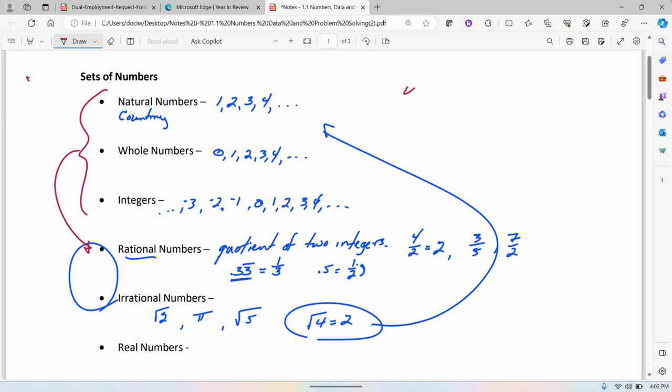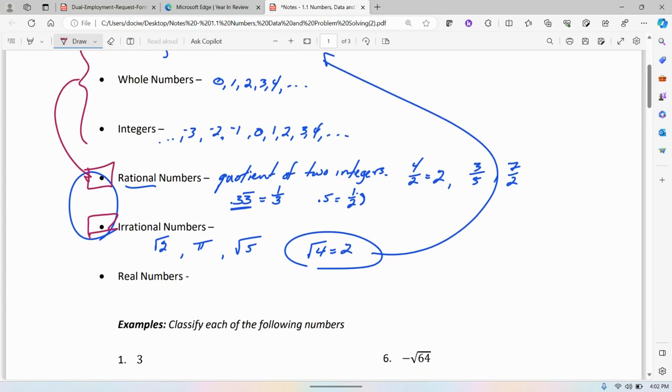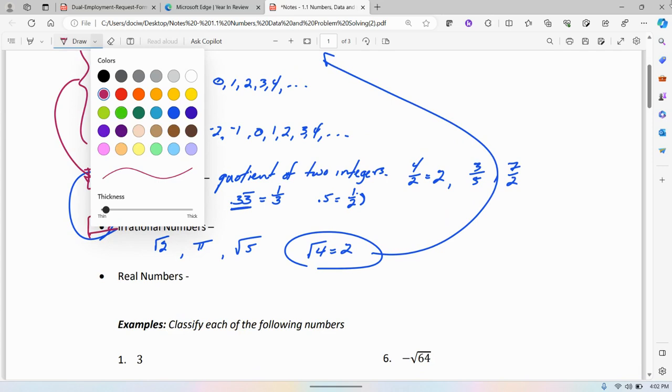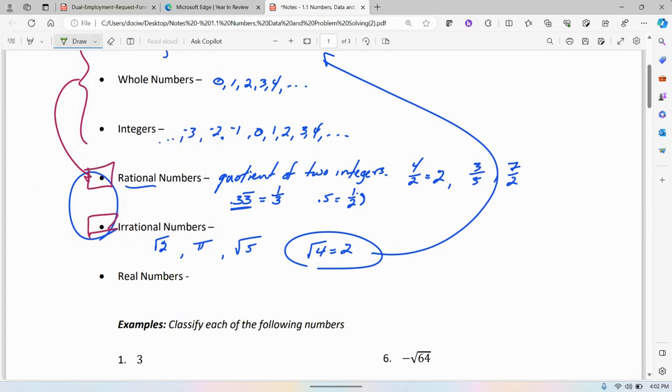Like 4/1 is rational, that's a natural number. Irrational numbers are numbers that are not rational. So all of the rationals plus all of the irrationals, those numbers combine to give us the set of all real numbers.